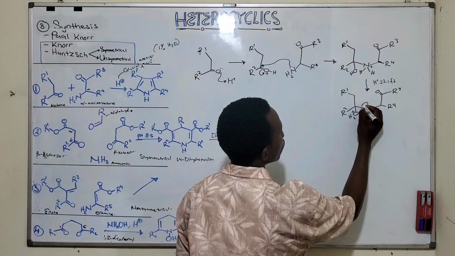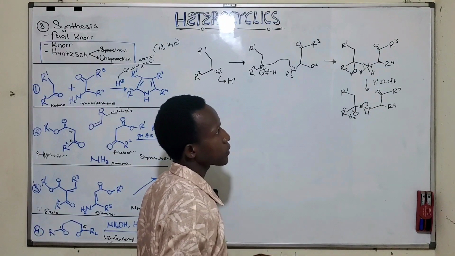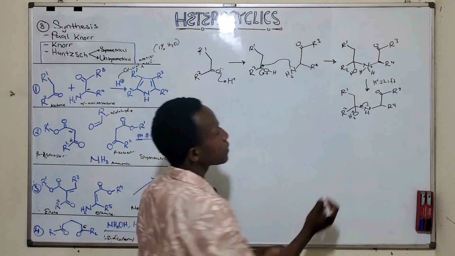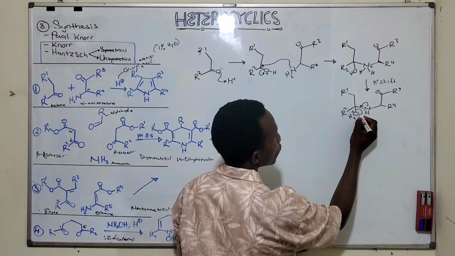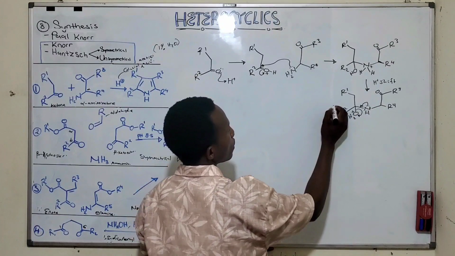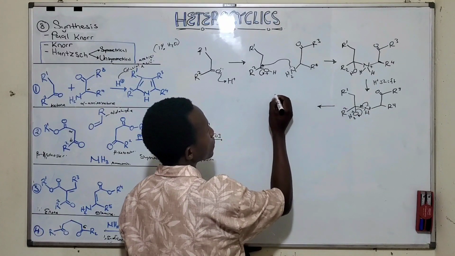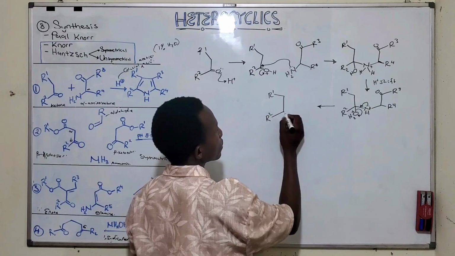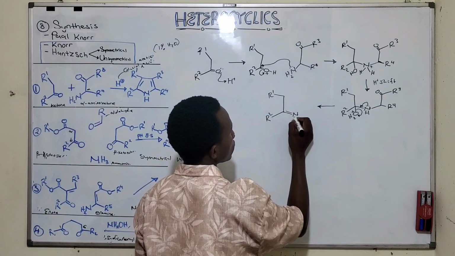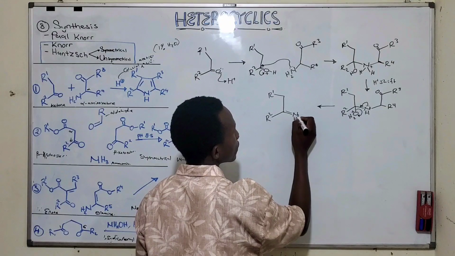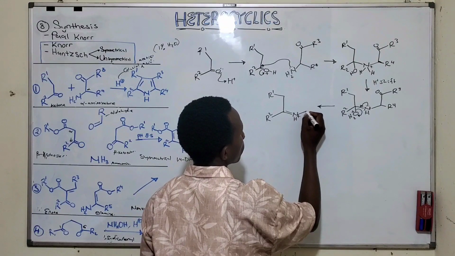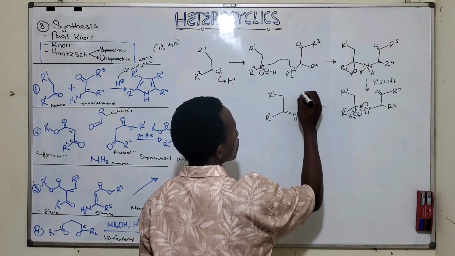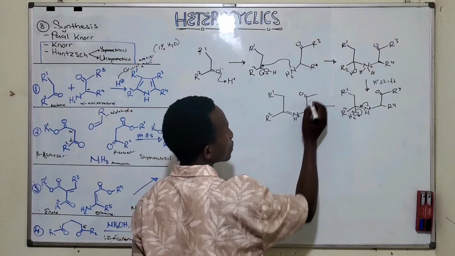As this nitrogen forms a bond here, this one breaks off. So we have R2, R1, N, H, but now plus, because it has used its own pair of electrons.